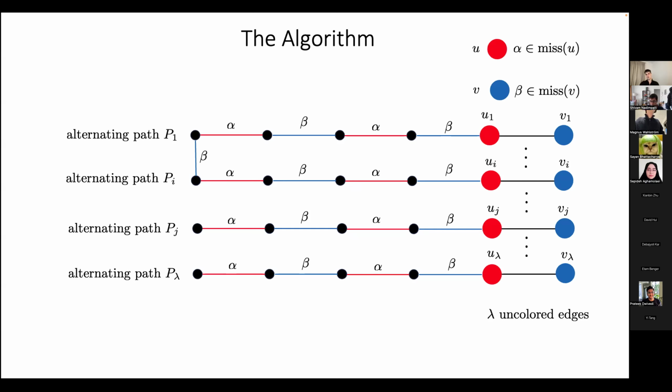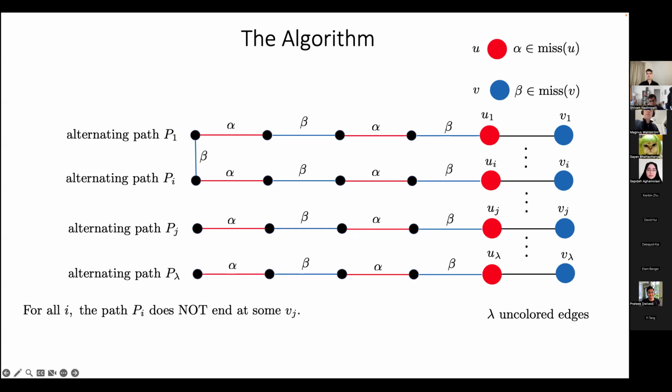But we can assume, just for simplicity here, that all of these Ui are on one side of the bipartition of the bipartite graph, and the Vi are on the other side. And this basically says that none of these paths Pi that start at Ui can end at some Vj. Otherwise, this would just be creating an odd cycle.